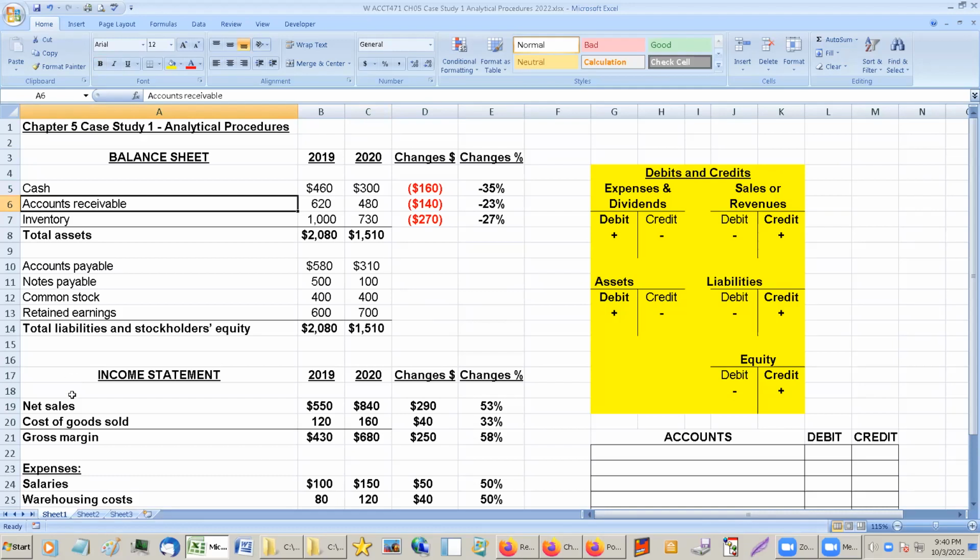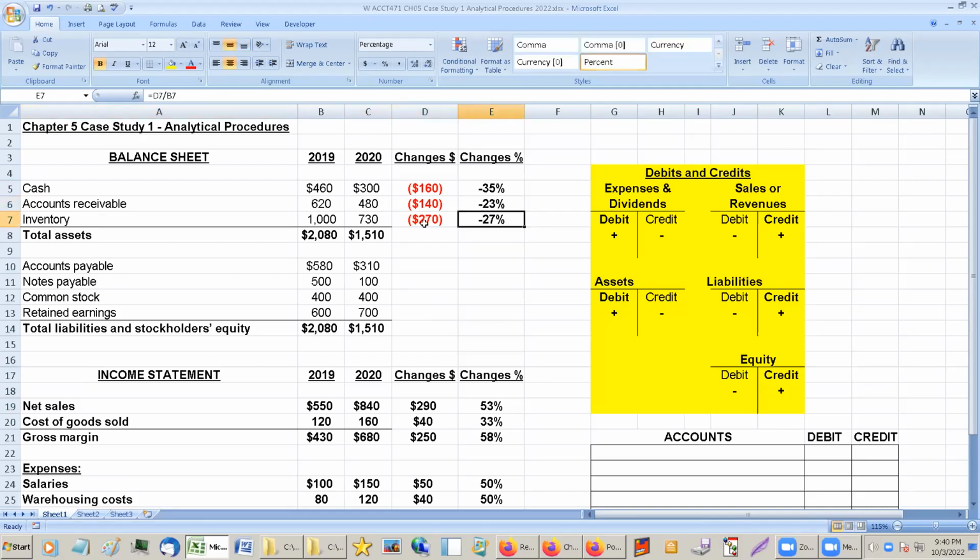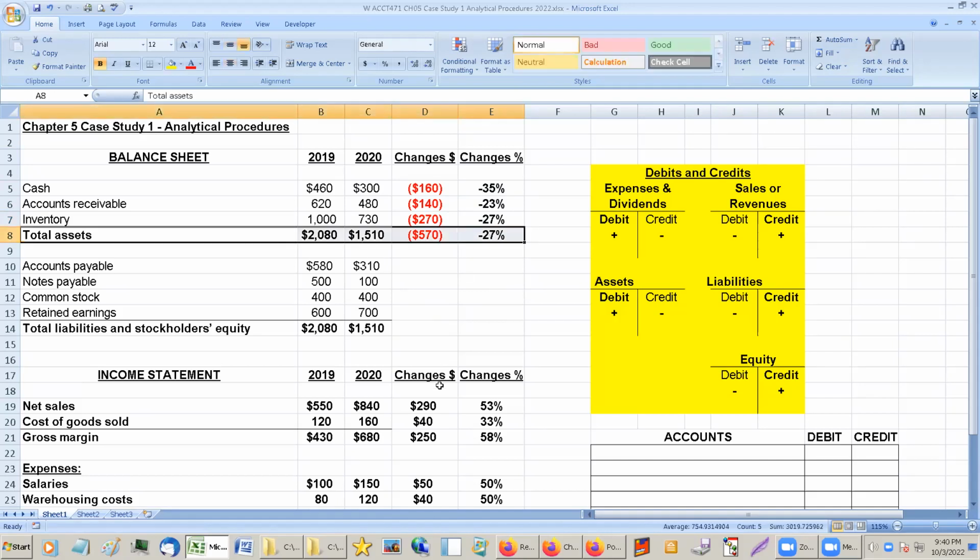So you'd think that any increase in sales would increase the accounts receivable. Instead, we have just the opposite. It's going down. And same thing in inventory. How can you sell more goods if you have less inventory? They usually go hand in hand. So overall, the assets dropped 27%.